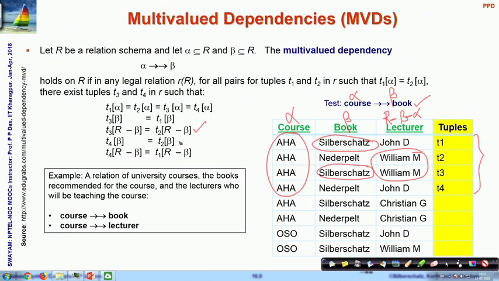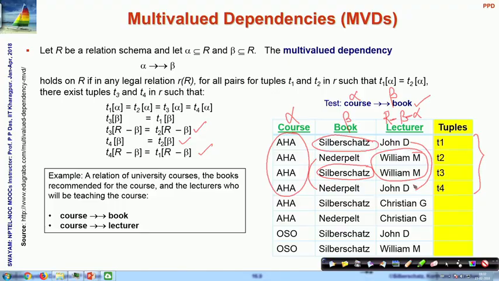Look at the next one, T4 and T2 match on beta, yes they have the same name of the book, and whether T4 and T1 match on the lecturer, this rule, T4 and T1 match on the lecturer. So, it also satisfies. So, I can say that this relation holds the multi-valued dependency course multi-determines book.